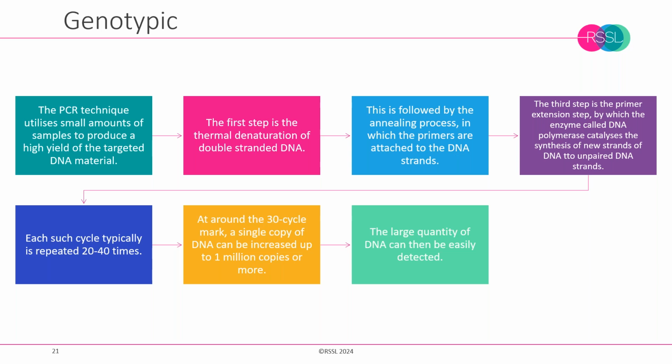And one of these techniques is a PCR-based method. So this utilizes quite small quantities of a microbial sample, and as with other forms of PCR, it seeks to produce a higher yield of the targeted DNA material.